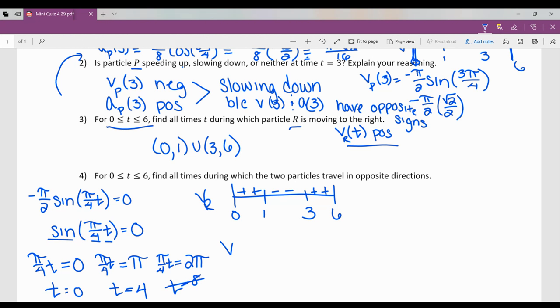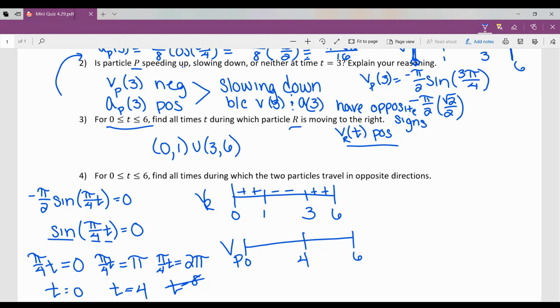So now I'm going to do my velocity of particle P. 0, there's 6. And then at 4 is when it's also equal to 0. So my velocity is going to be either positive or negative between 0 and 4. Let's pick 1.